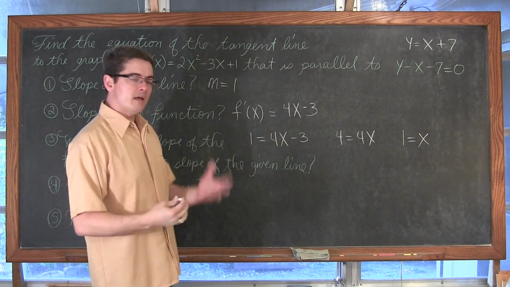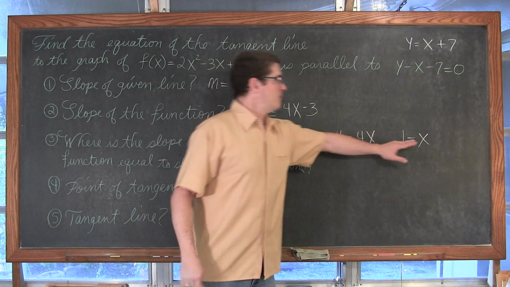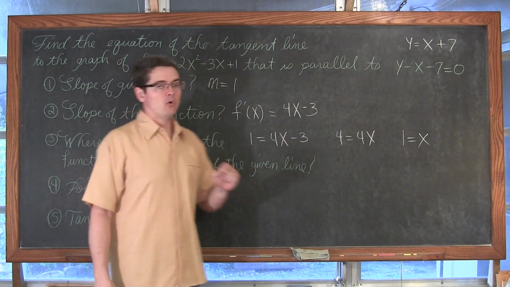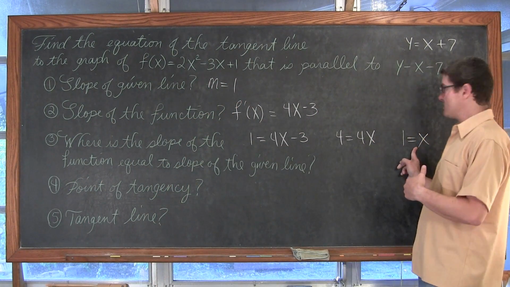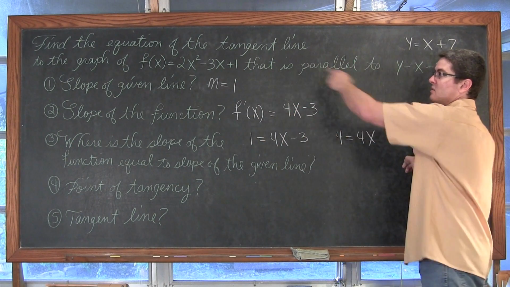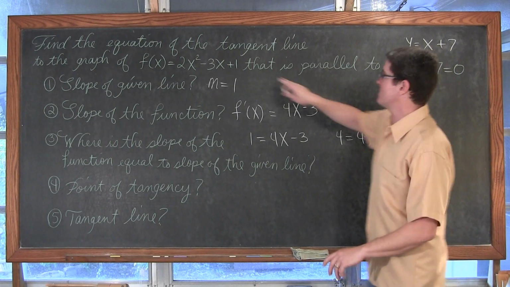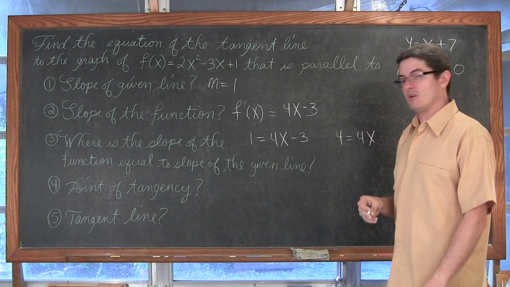Well, again, you need a point and a slope to write the equation of a line. I've got that slope once again, but now I've only got half of the point. So I need to take that value of x equals 1 and plug it back into not the derivative, which is going to give us a slope, but back into the original function. So I know the point of tangency between this parabola and the tangent line I'm about to find the equation of.